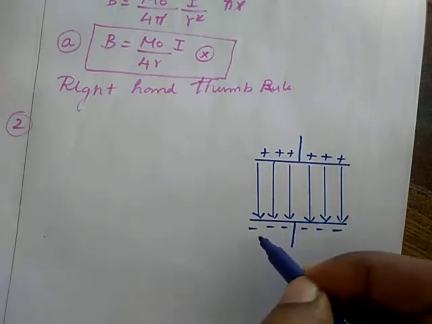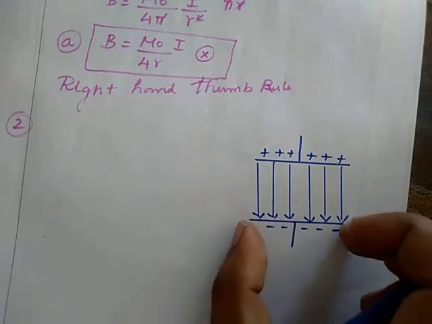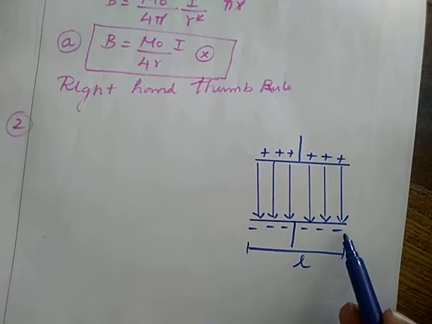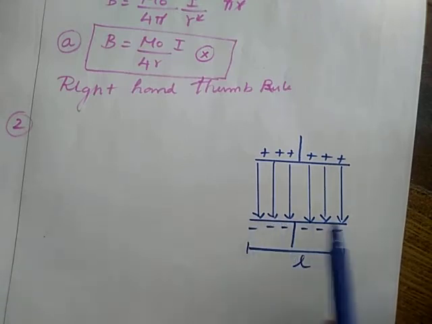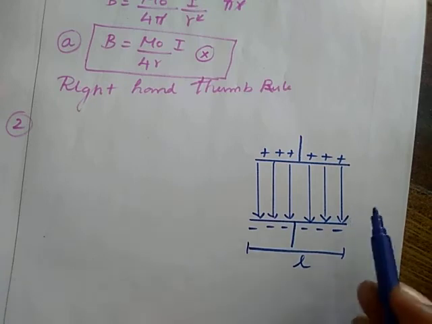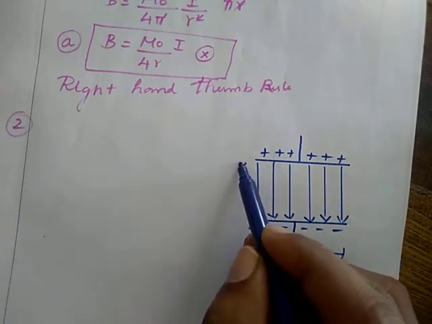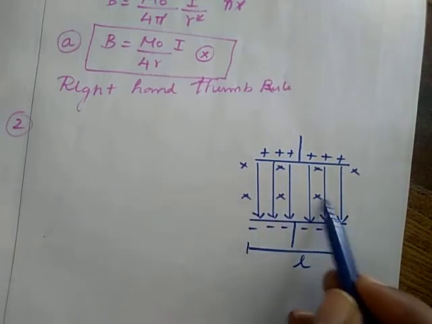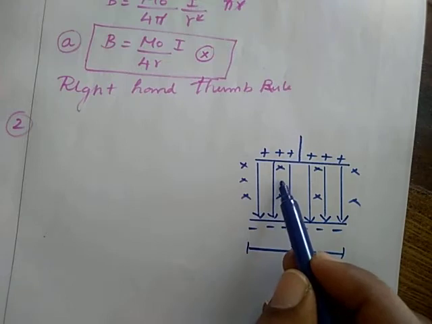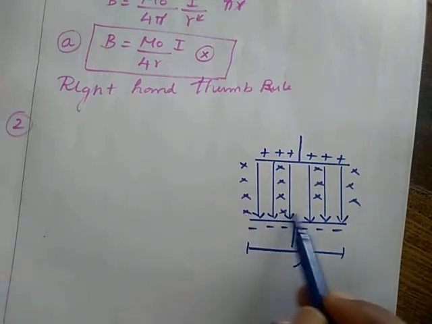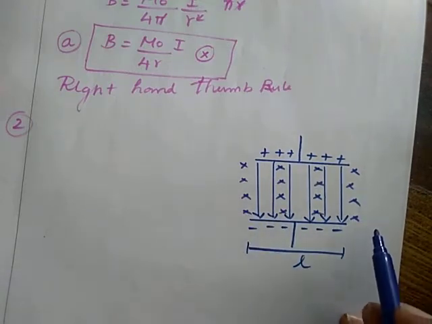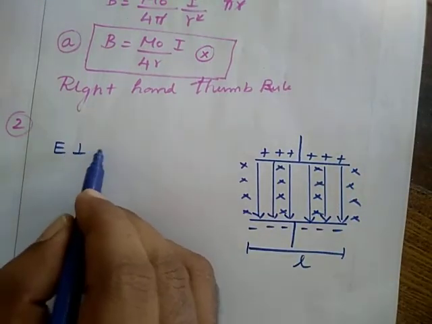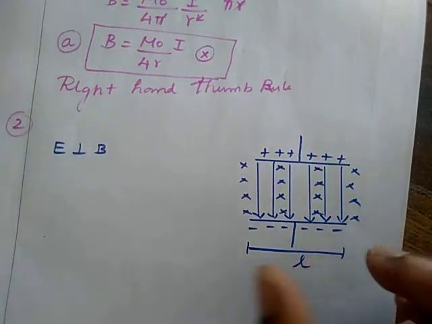They are asking the time taken to complete the length L. Let us assume the length of the parallel plate capacitor is L. They are asking the time taken to cross the parallel plate capacitor. One more thing given: it is placed in a uniform magnetic field. The cross represents that the magnetic field is going into the sheet. For this case, the electric field is perpendicular to the magnetic field, so it is a crossed field concept.